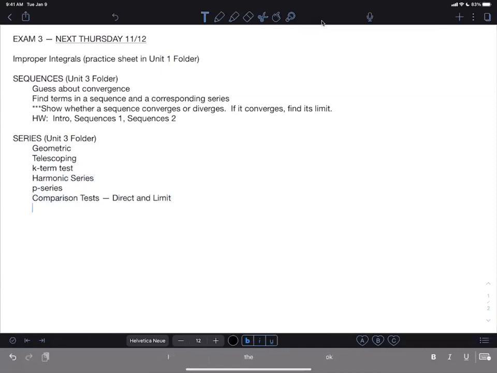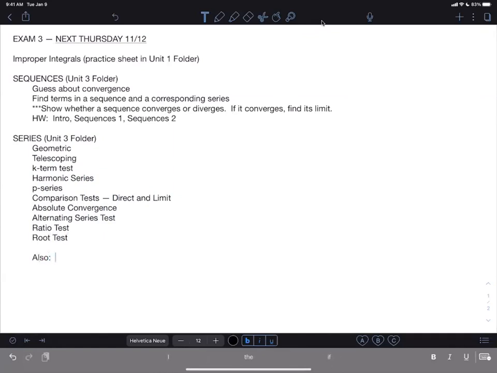And then we talked about absolute convergence. And then we talked about the alternating series test. And then today we're going to talk about the ratio test and the root test. Those are the main parts of series. So those are the biggest parts.